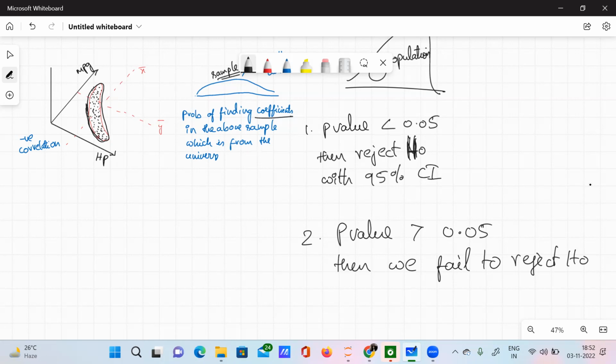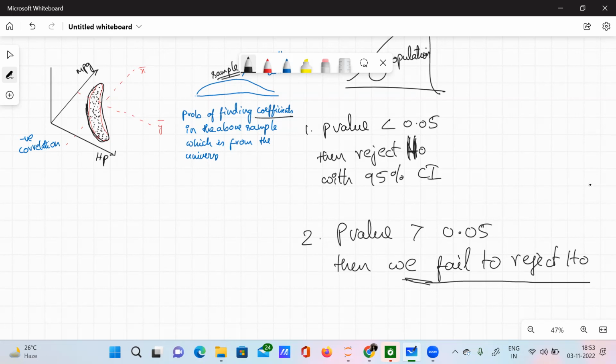So ultimately we accept the null hypothesis, right? Even if we say that, we should not use the term accept. We should only say we failed to reject the null hypothesis. You should never say we accept the alternative hypothesis. You only use this term.